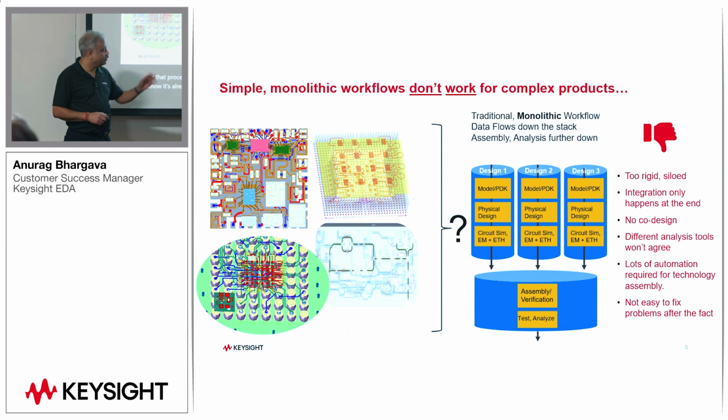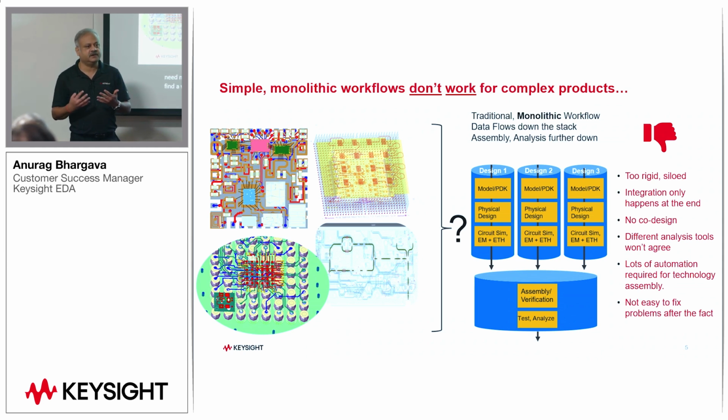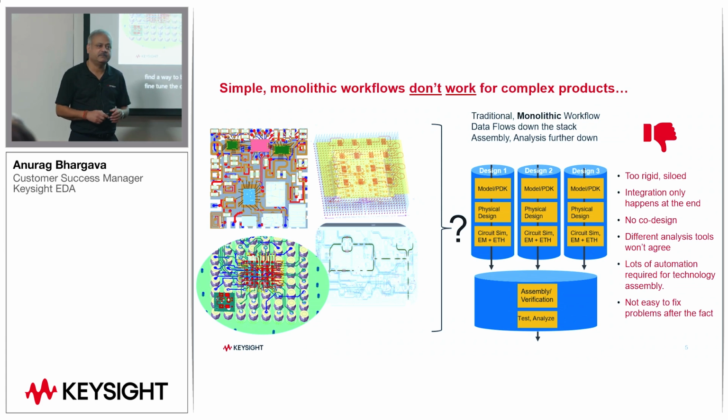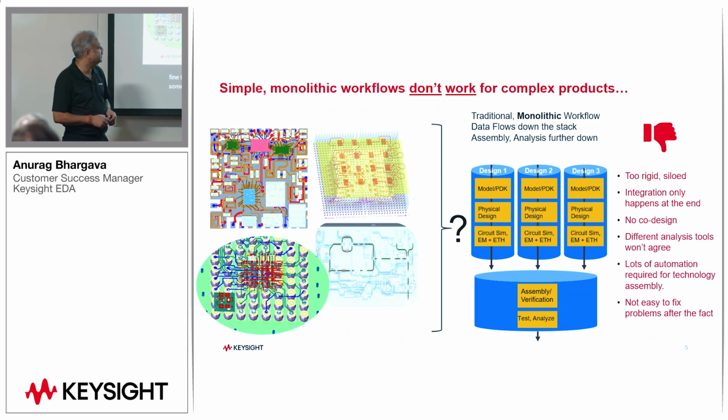So you need a more integrated system. You need to do things much earlier. You somehow need to find a way to bring multiple technologies together to be simulated, analyzed, and then you can fine tune the overall performance. And that's the whole scope of this presentation, giving you some direction on how we can achieve that.